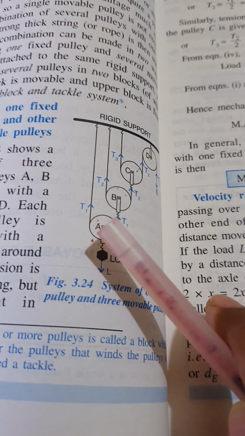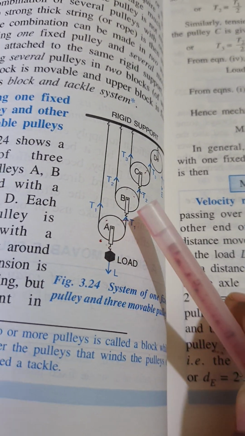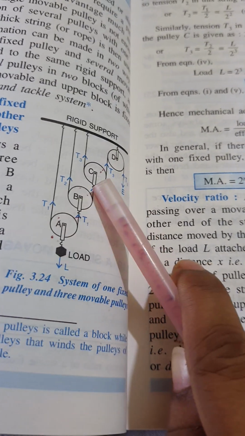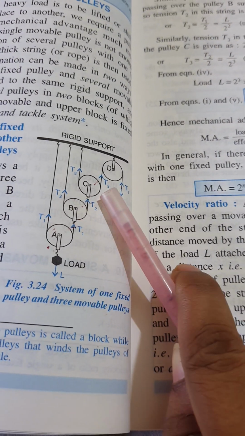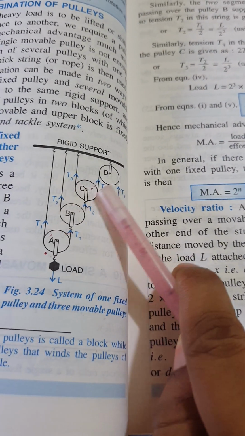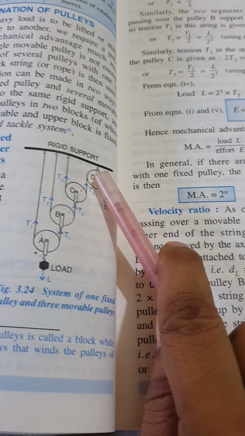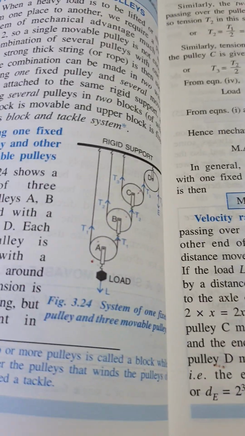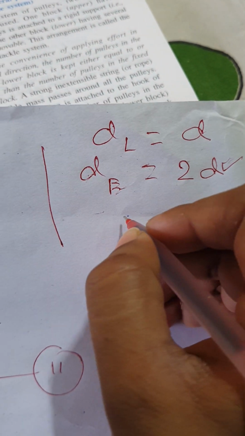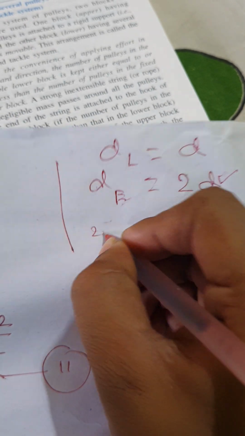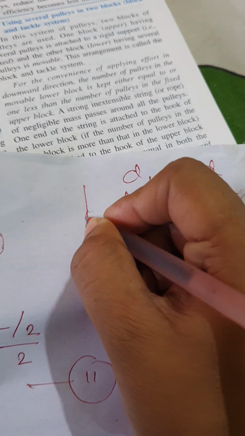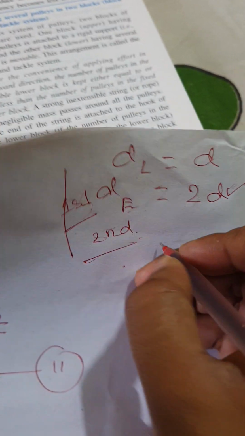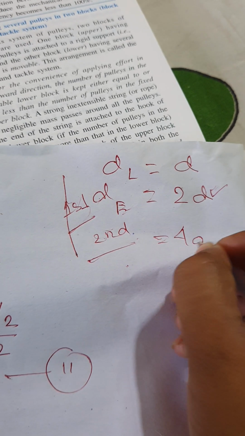So for one movable pulley, effort moves 2x, then for the second movable pulley 4x, and the third movable pulley 8x. Understood? First movable pulley, distance moved by effort 2d. Second movable pulley, 4d.